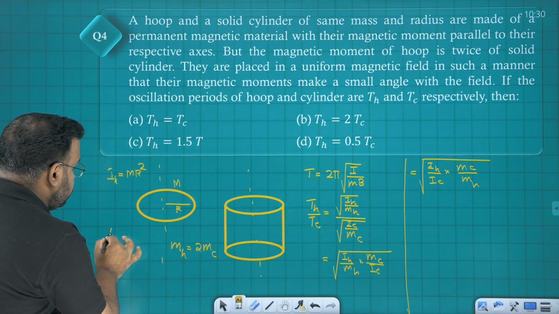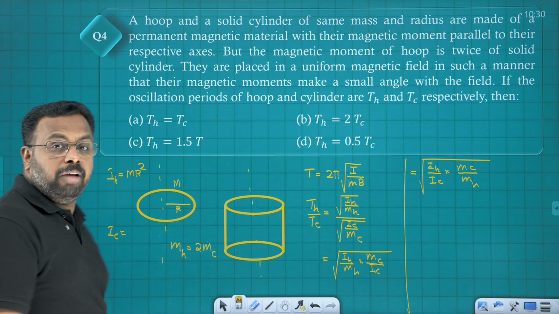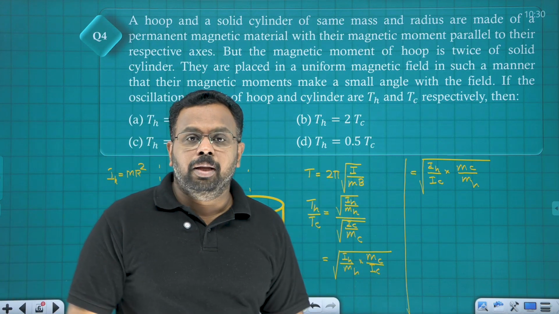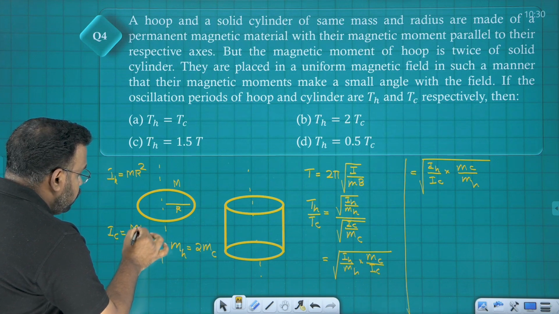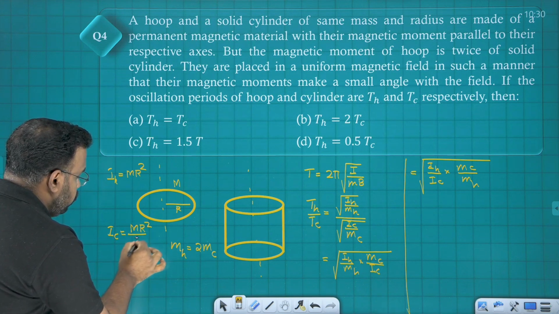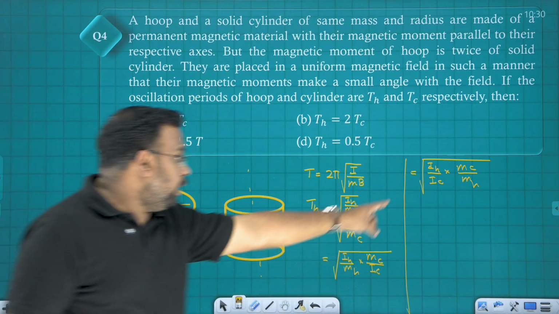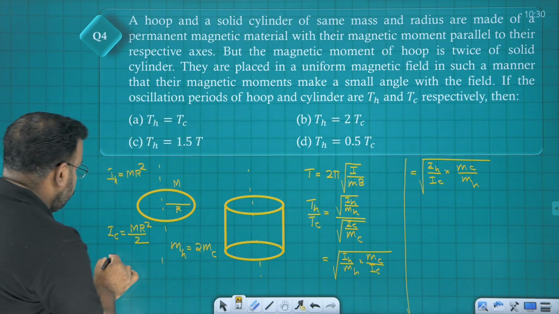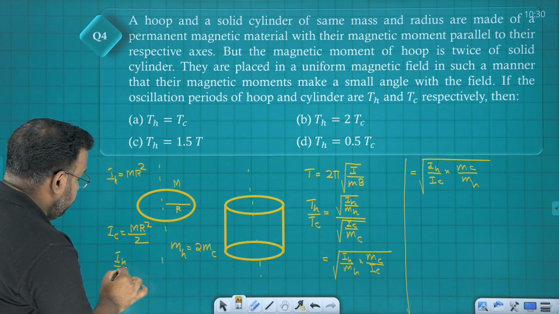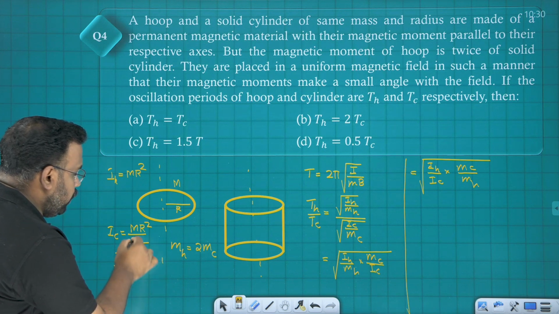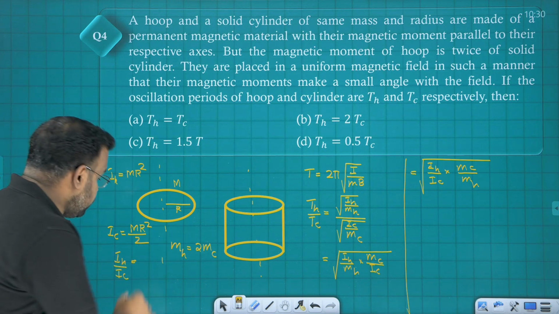What is the formula for moment of inertia of a solid cylinder? It is mr square by 2. So IH by IC will become mr square divided by mr square by 2, that is equal to 2.